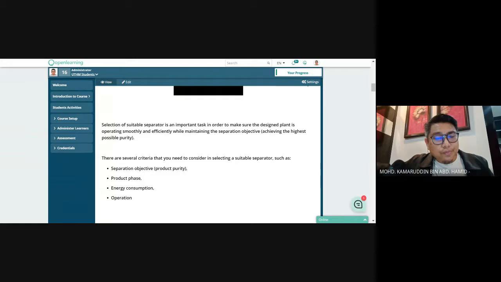Once you know this kind of purity that I need to produce, then baru you able to select which type of daripada 5 tadi tu. 5 plus extractive plus azeotrope, so you have 7.